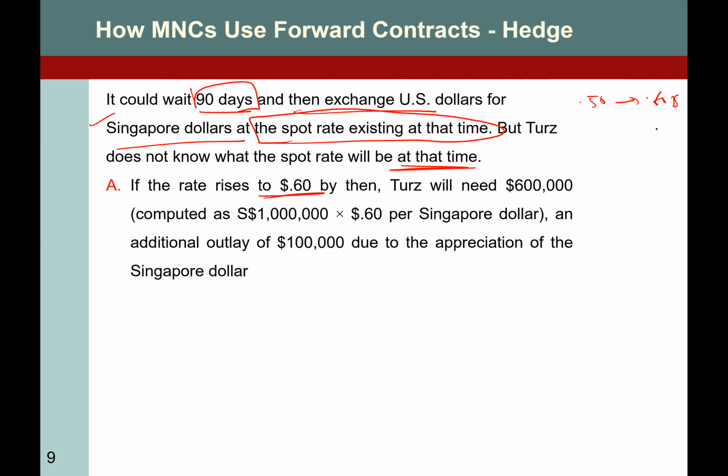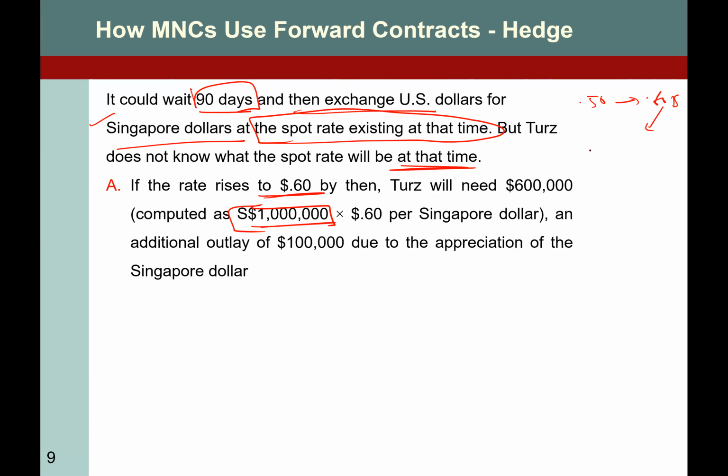So how many dollars are needed to satisfy this 1 million Singaporean dollars? The Singaporean firm will be receiving 1 million Singaporean dollars because we already have a contract. But how many dollars does it need to convert to pay them 1 million Singaporean dollars?